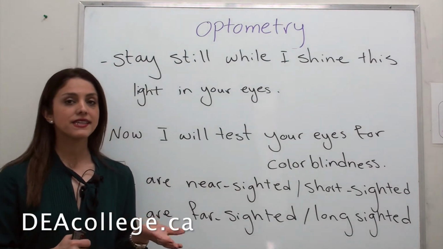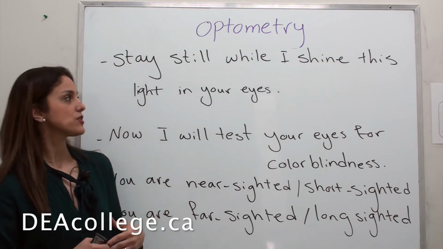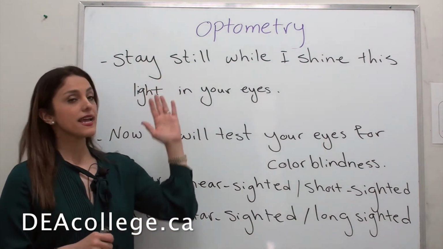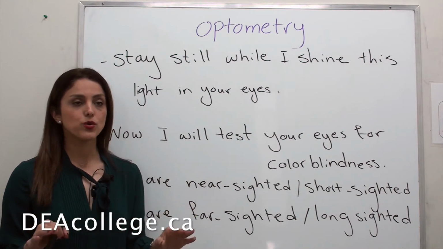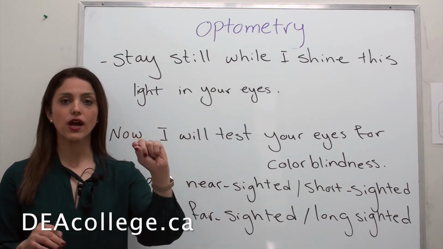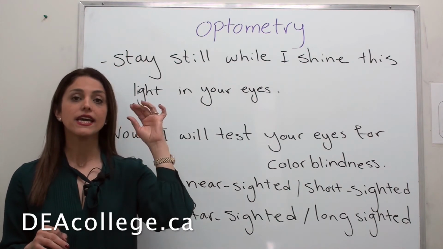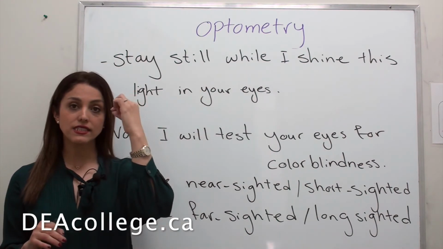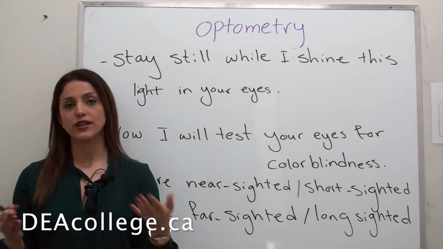The other thing that the optometrist might ask you to do is stay still. It means don't move while I shine this light in your eyes. Usually they shine the light in your eyes for examination.